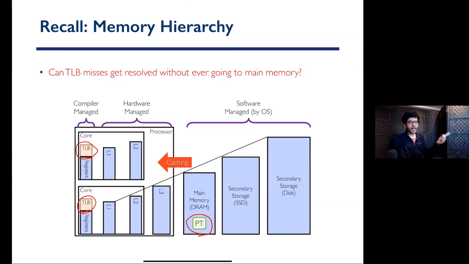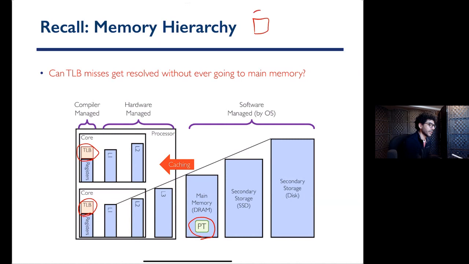Now you could actually cache your page table entries, the address translation, because it's like any other data in your memory that can be cached in L3, L2, and L1. You can also cache your page table entries. So if you go to your TLB and you miss, you have to go and fetch the page table entry. Now, where is it?